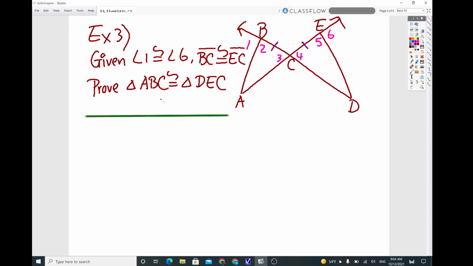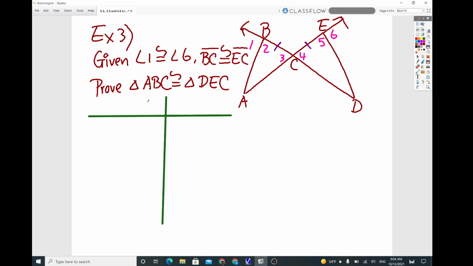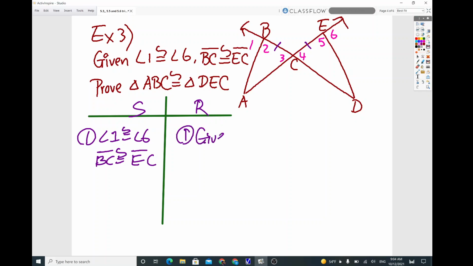Okay, so let's set up the two-column statements and reasons. Angle 1 is congruent to angle 6. Just write down all the given statements first. And the other thing that we notice here is angle 1 plus angle 2.